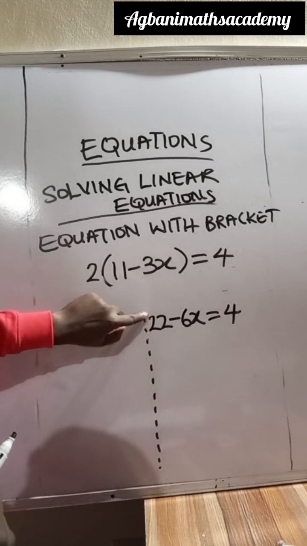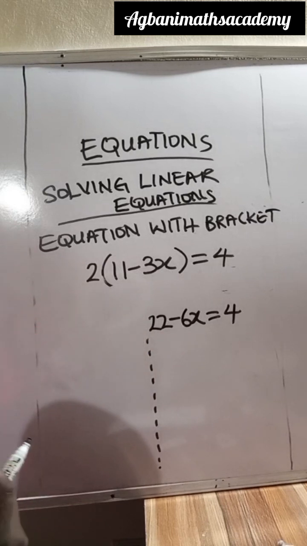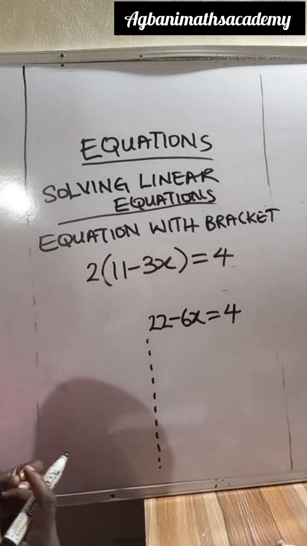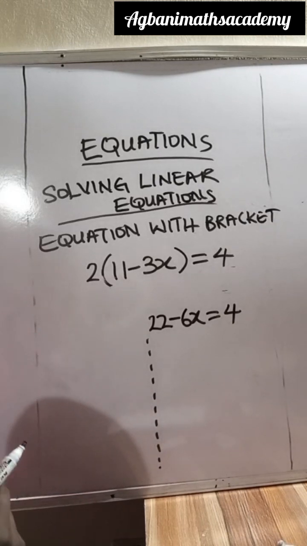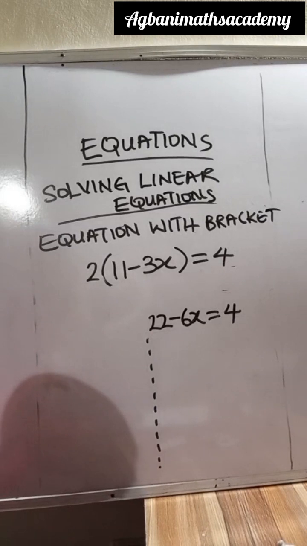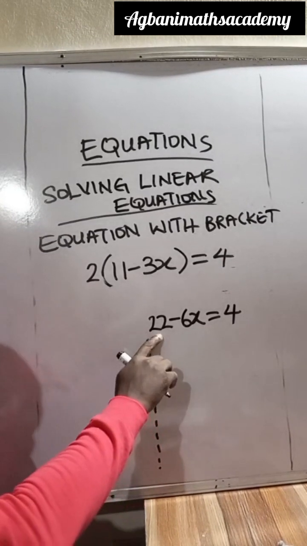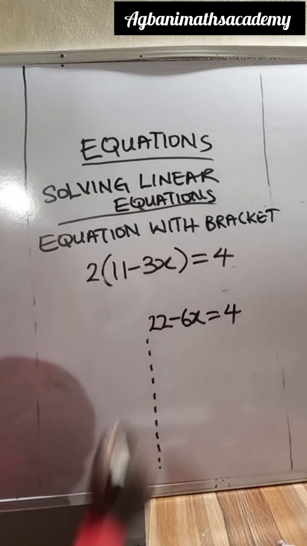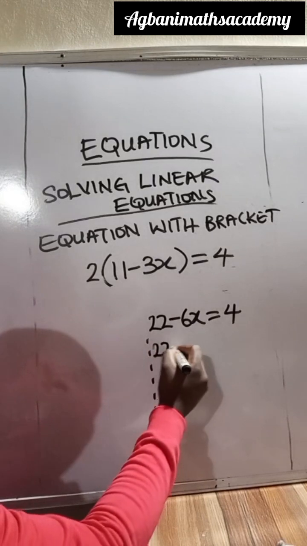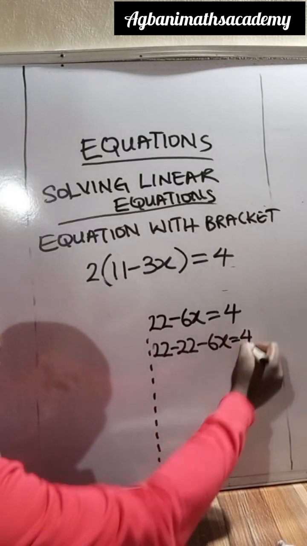There is no sign in front of 22, therefore we know the sign is an invisible plus sign. So in order to eliminate plus 22, we introduce the opposite of plus 22, which is minus 22. It's going to be 22 minus 22 minus 6x is equal to 4.